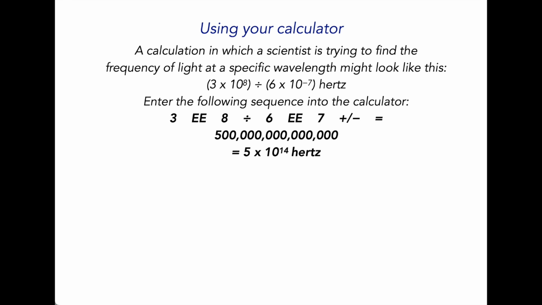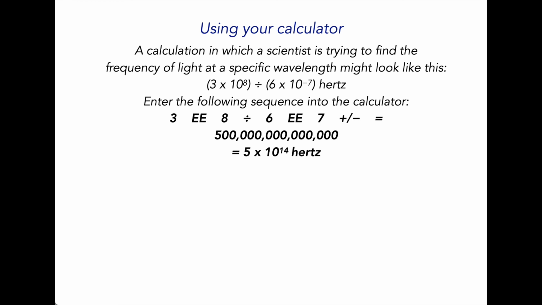So he would enter the following sequence into his calculator: 3 exponent 8 divided by 6 exponent 7 plus or minus equals, and he would get the answer 500 million, which we know, because we've counted the zeros, equals 5 times 10 to the power of 14 hertz.